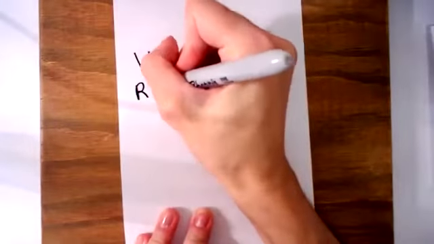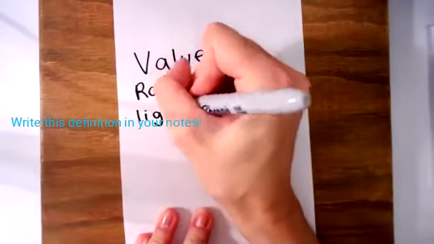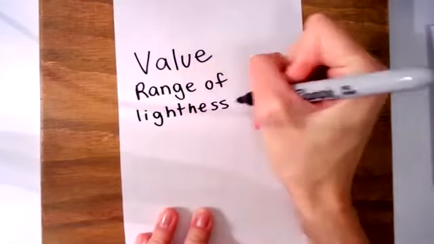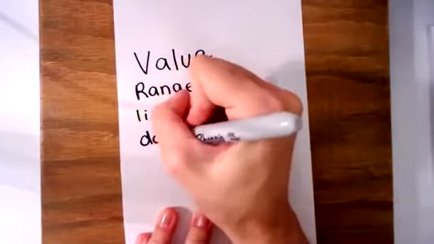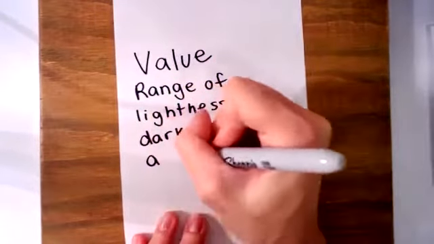So first, value is the range of lightness to darkness of a color.